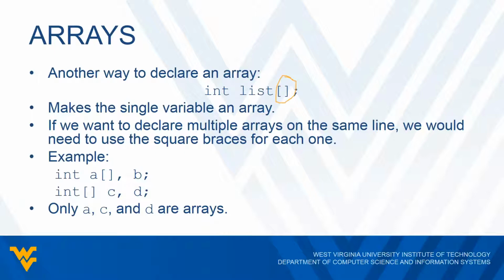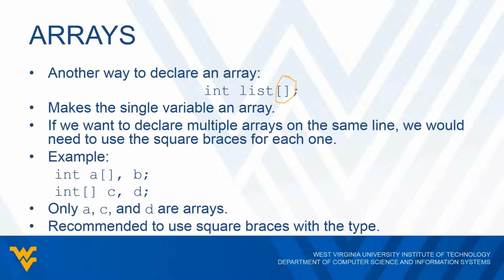In this case, only a, c, and d are arrays. B is not an array, even though it's on the same line as declaring a as an array, because the square braces are with the a and not with the int, b is being declared as just a normal integer variable. So it's just recommended that you use the square braces with the data type and not with the name of the array itself.